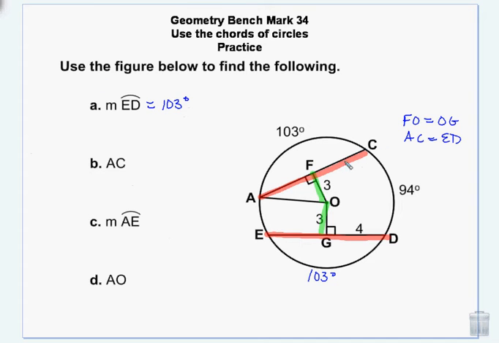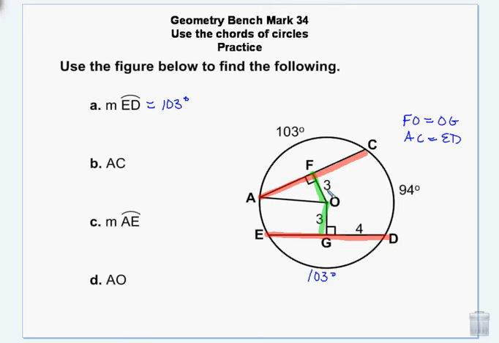Now the length of AC, if this is O, and I continue across here, or continue down here, this would be a diameter if I lengthened it out. And this diameter happens to be perpendicular to this chord. So far okay?